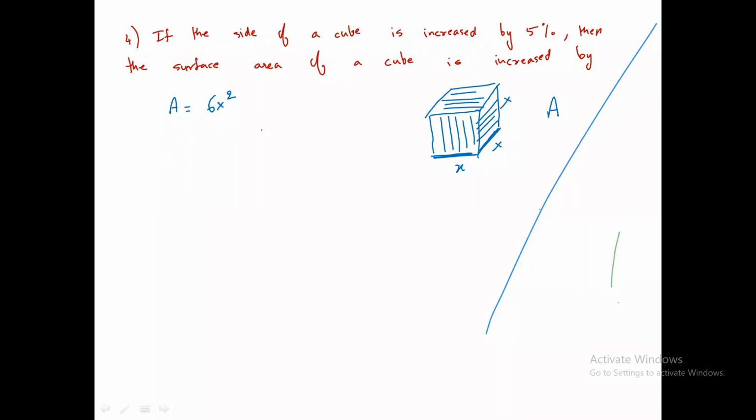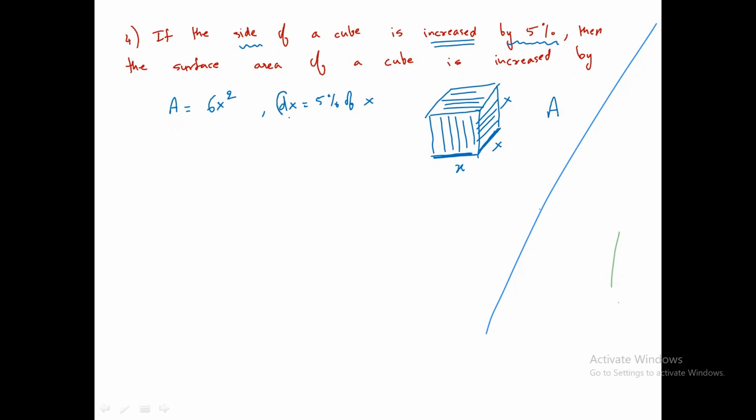Now, what information is given? The side of the cube is increased by 5%. That means increment dx is 5%. What is 5%? Just 5% we can't take. We have to take 5% of x, because they said the side of a cube is increased by 5%.